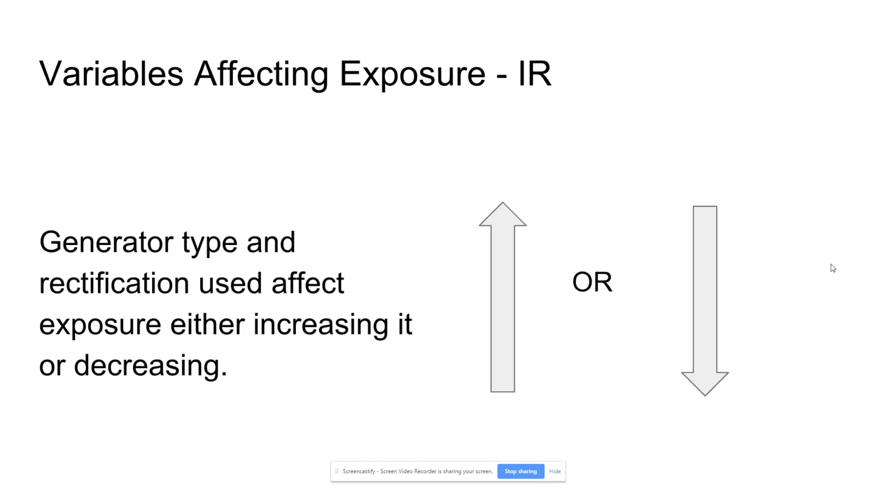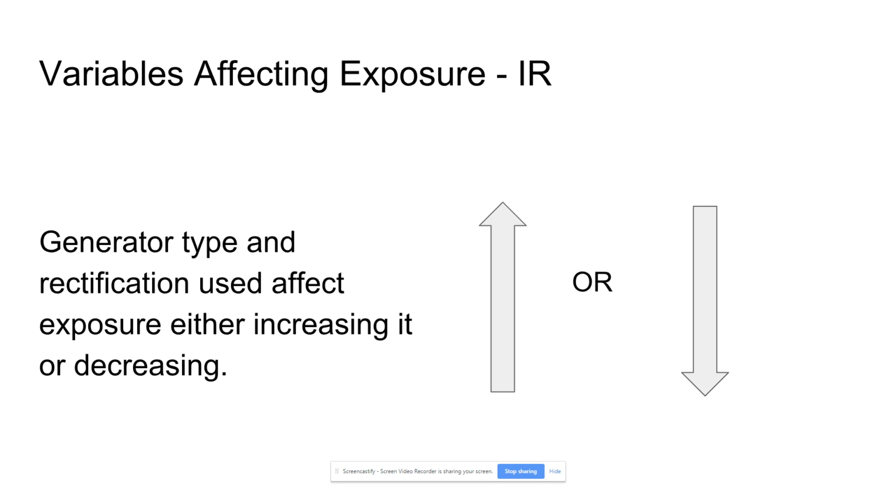Okay, generator. So generator says that if we have a stronger, more efficient generator, like a high frequency versus a single-phase generator like 3-pulse or 6-pulse, it's going to give us a more efficient beam and generally a higher energy beam, right?